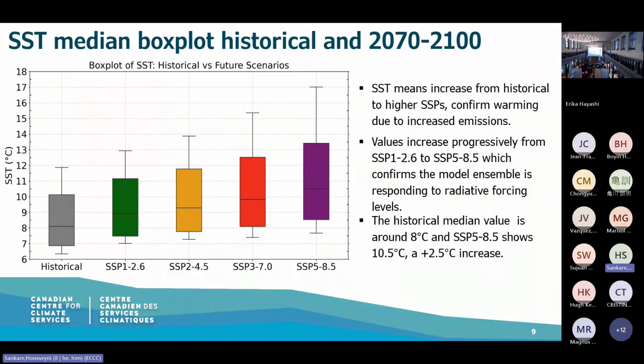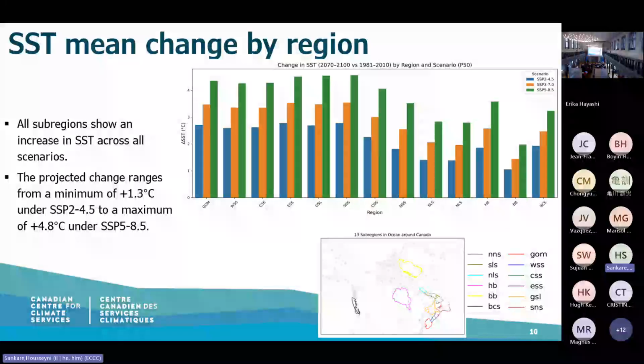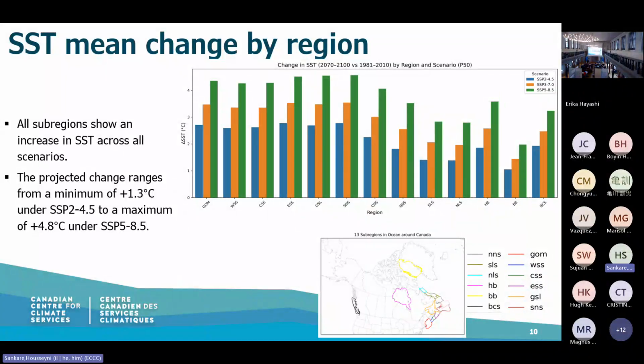And that will be the last analysis here. The histogram illustrates the projected SST change between the historical and the last century period, based on the median of the model output, also bias corrected.